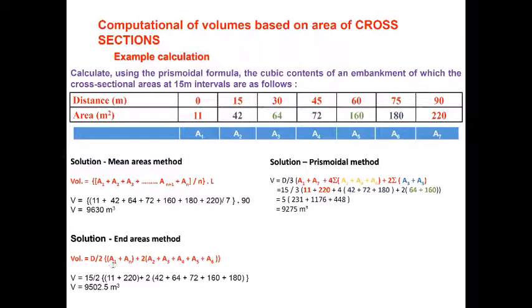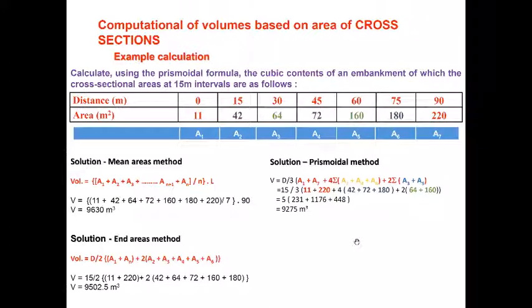First area a1, which is 11, plus the last one, which is 220, plus 2 times the sum of the remaining areas. And in the prismoidal method we have d by 3, which is 15 by 3. First area plus last area plus 4 times the sum of even areas, so a2 plus a4 plus a6, plus 2 times the sum of odd areas, 64 plus 160, and we get this answer.